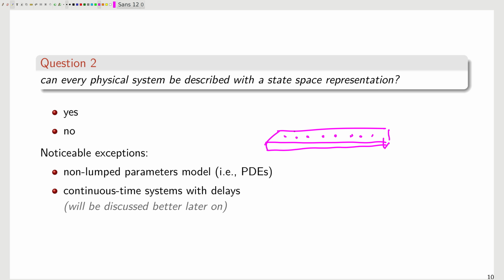Another important case for which we can't write the system in a state space representation is whenever we have continuous time systems where there are some delays. This is an important and delicate topic, so we will discuss this a little bit better later on. The problem is that, just as an anticipation, delays should be modeled with an infinite number of states. And this is not good for us because we want a finite representation of the system.